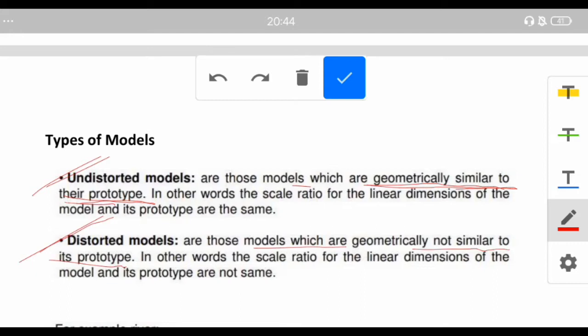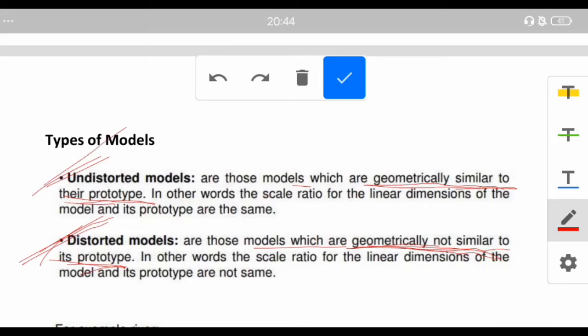Sometimes we are not able to make a model 100% exactly, and there will be somewhat geometrical differences between the model and the prototype, and then that model will be known as the distorted model.